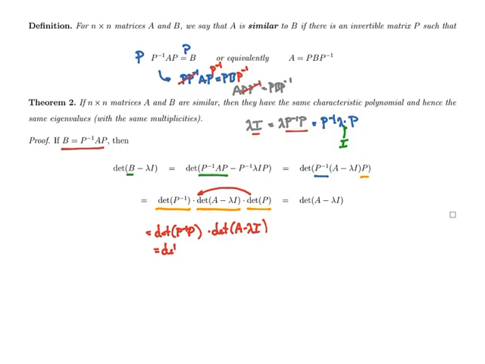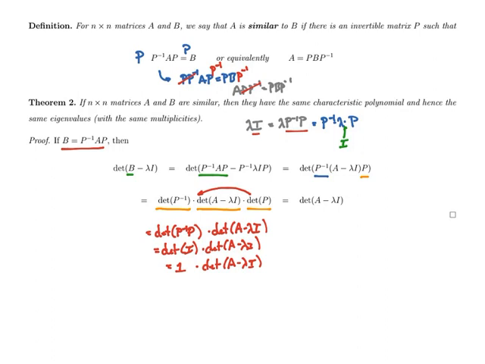And this is the determinant of I, so that's just 1, times the determinant of A minus lambda I. And I'm left with the determinant of A minus lambda I on the right. The P inverse and P cancel each other out in the right way when we're talking about determinants, because I can use the multiplicative property of determinants, where I can't just do that with matrices themselves.